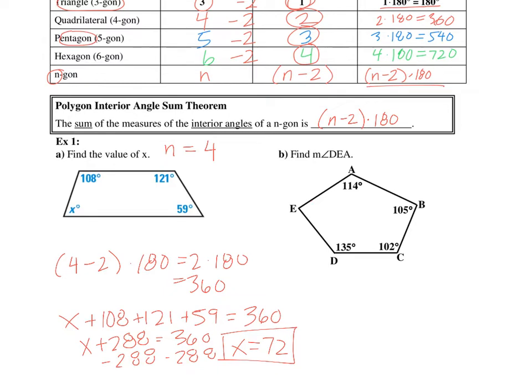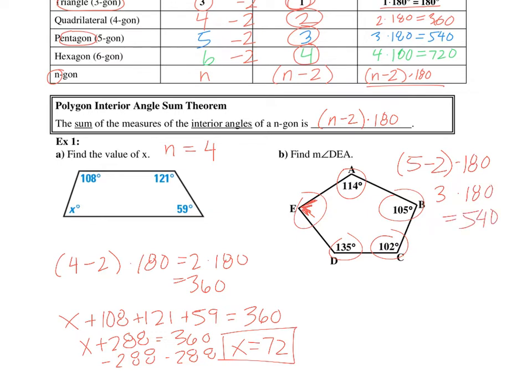Here I have DEA. So what do all of these angles add up to? Using the formula, how many sides do I have? I have 5 sides. I'm going to subtract 2 and then multiply by 180. That gives me 3 times 180, which is 540. So all of these angles should add up to 540.